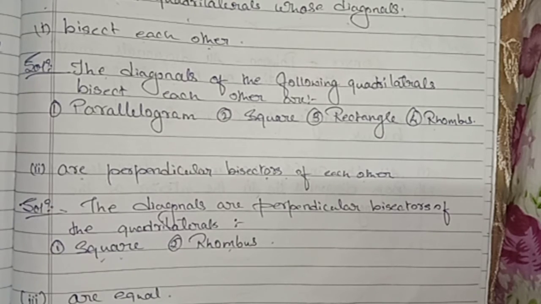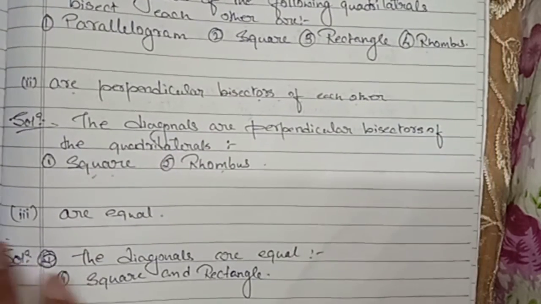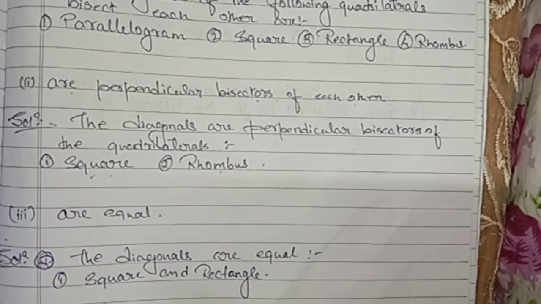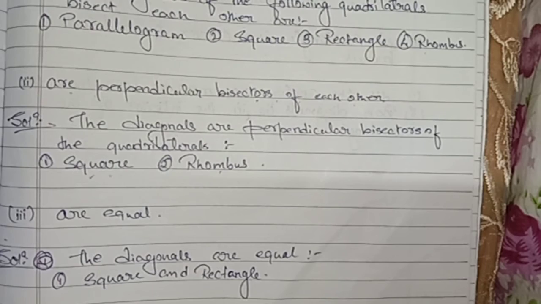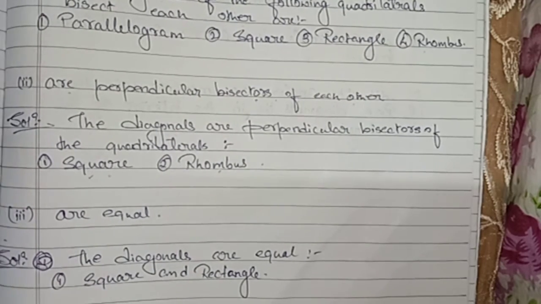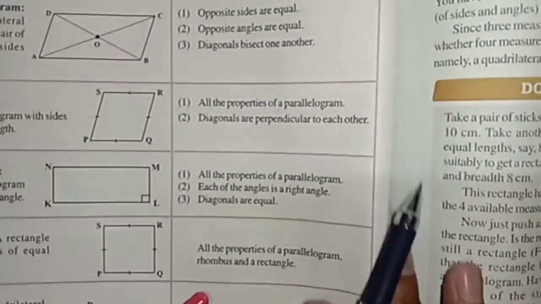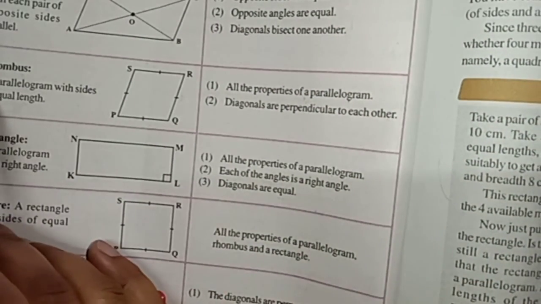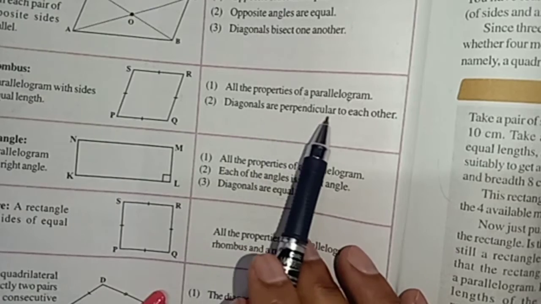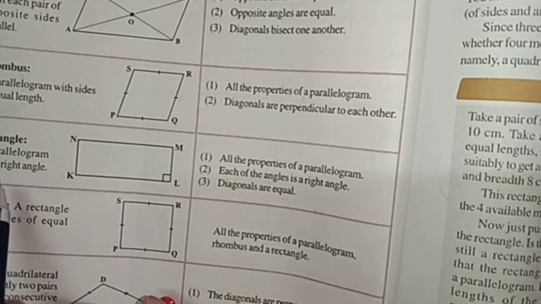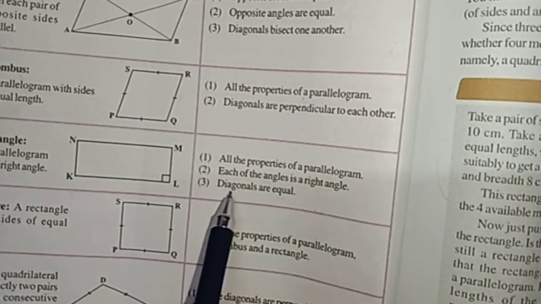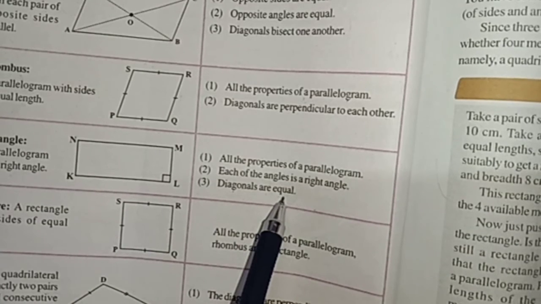Now part C. Same here: the quadrilateral whose diagonals are equal. If we check from the properties, rhombus, no, the diagonals are perpendicular to each other, it means no. But in a rectangle, if you check, the diagonals are equal, yes.